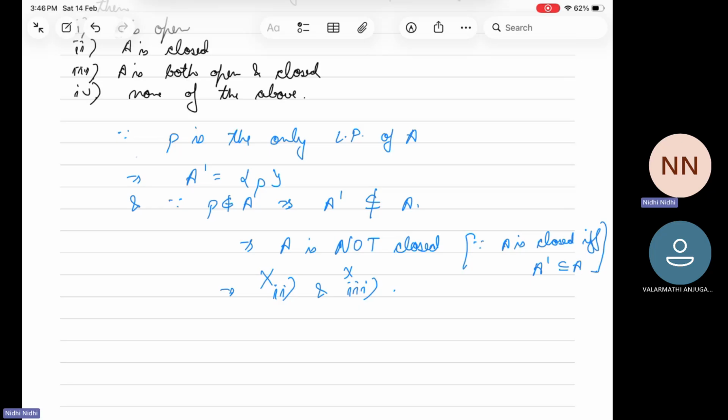Now, what can we say about the openness of the set? Whether the set will be open or not. Can you say anything?